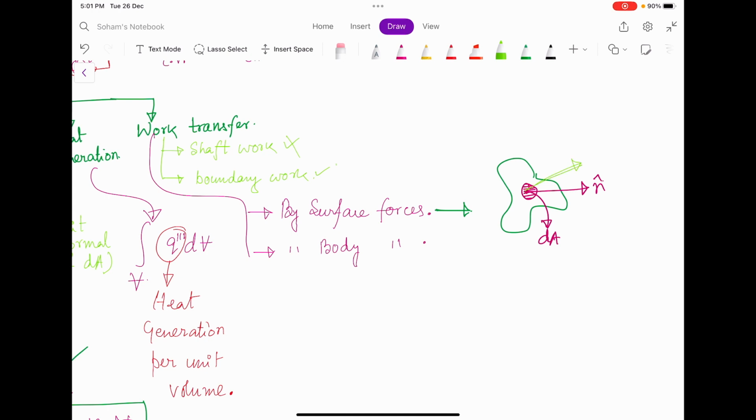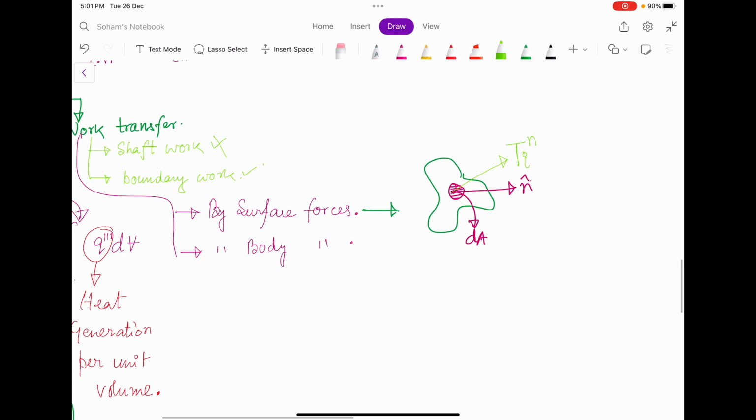So maybe this is the direction of the force. So this is the force denoted by Tn, I cap, Tni. So this notation I have introduced to you earlier.